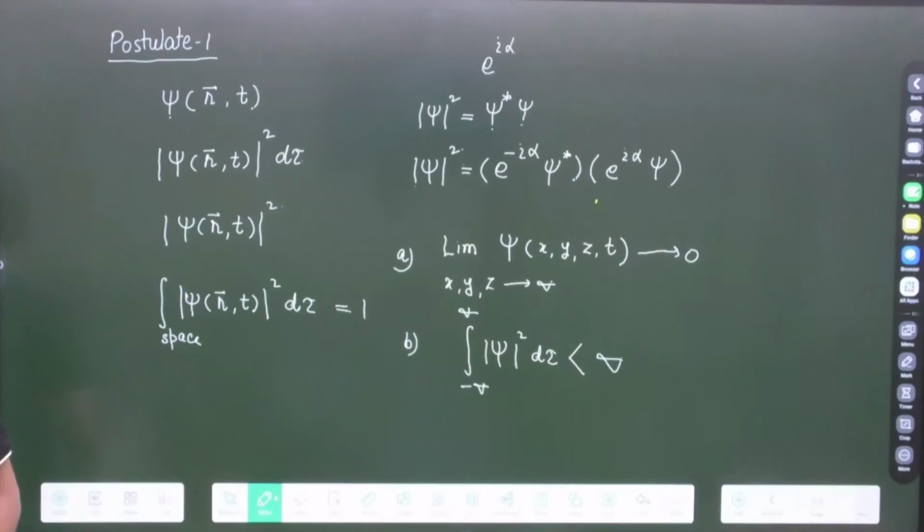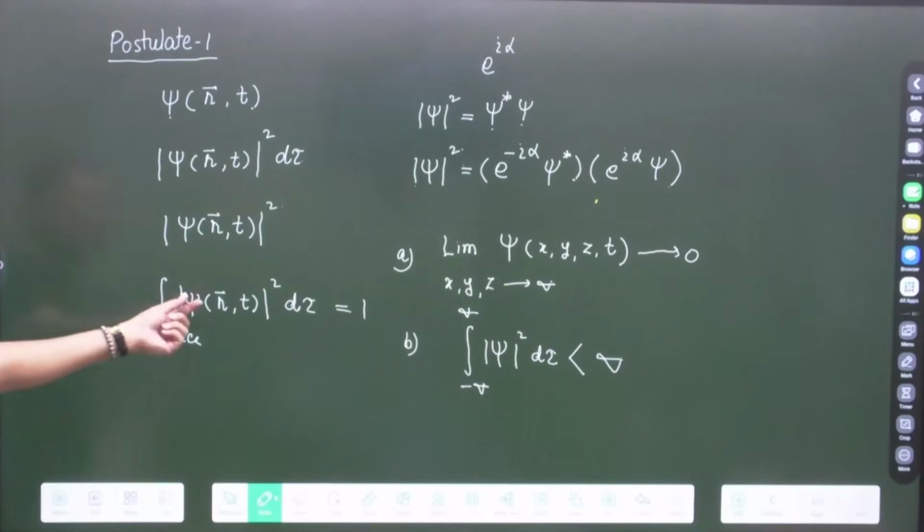Condition A: the wave function must be single valued. B: it must be continuous. It must be continuous in the entire region of its argument.